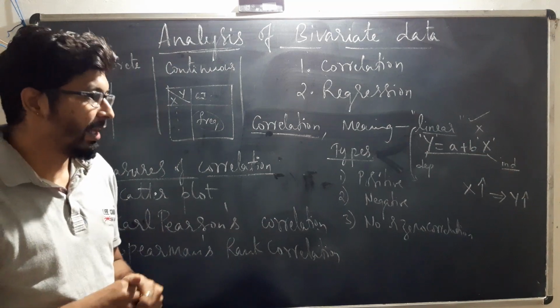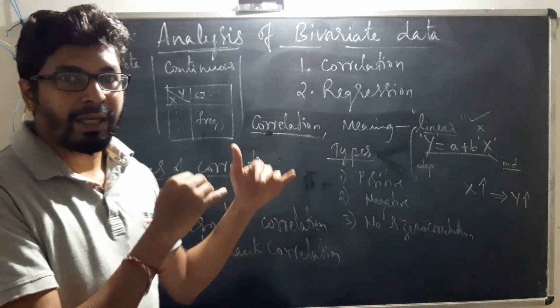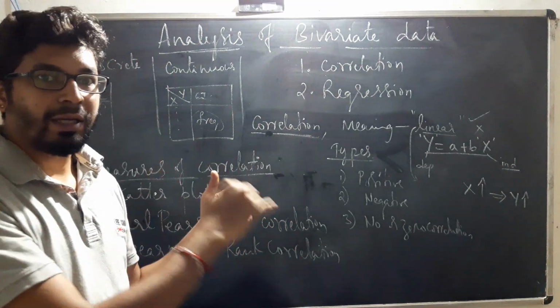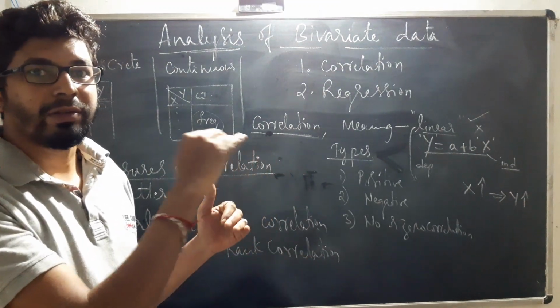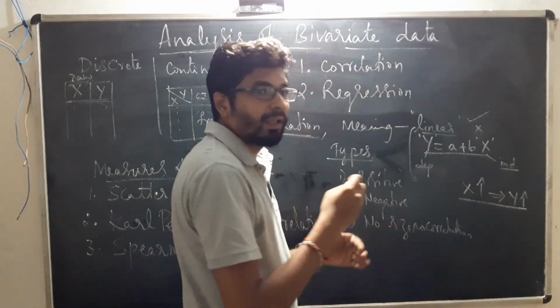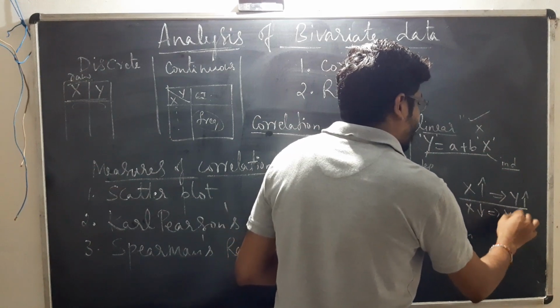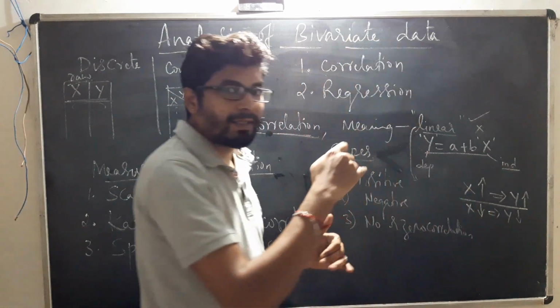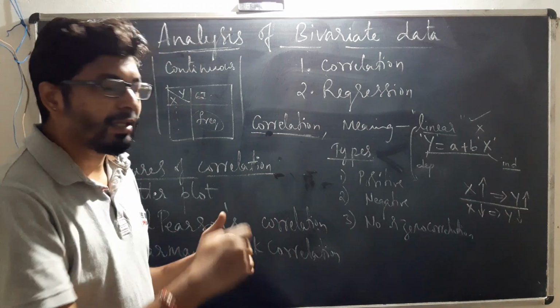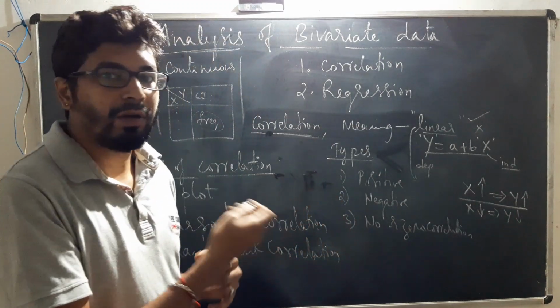For example, as age increases, the height of the child increases. So x, age, is increasing, and y, the height of the child, is also increasing. So both x and y move in the same direction. On the other hand, a decrease in x can lead to a decrease in y. For example, marks in subject 1 are decreasing, and along with that, we observe that the marks in subject 2 are also decreasing.